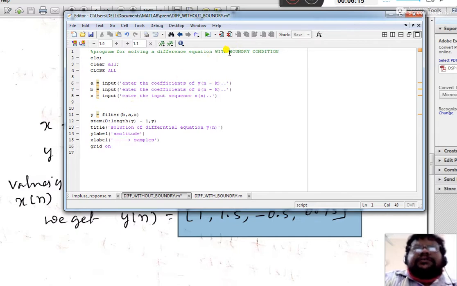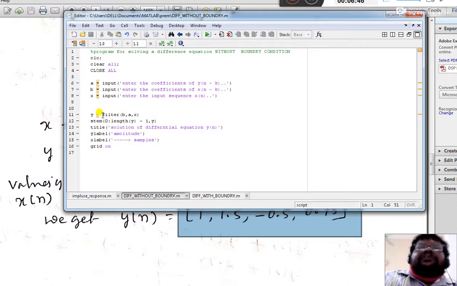It will ask us to enter the coefficients of y of n minus k, and next the coefficients of x of n minus k. Next it will ask for the input sequence that we have calculated, and we will get the y values.